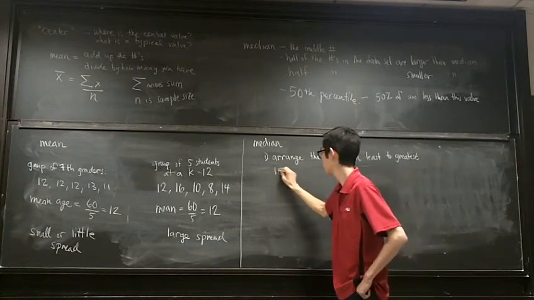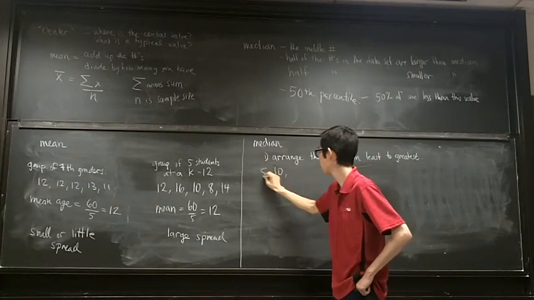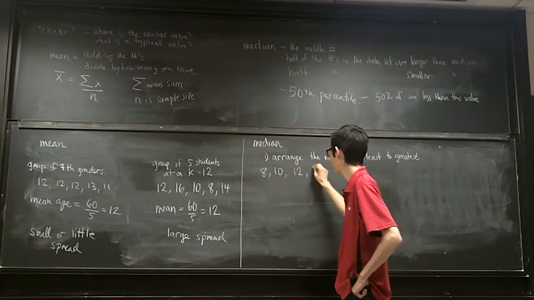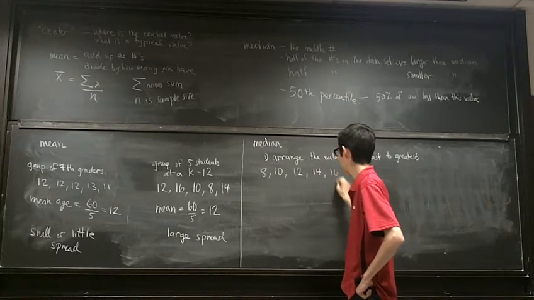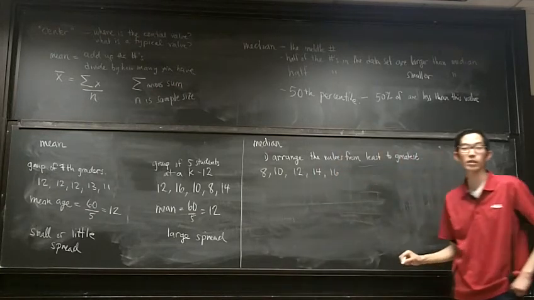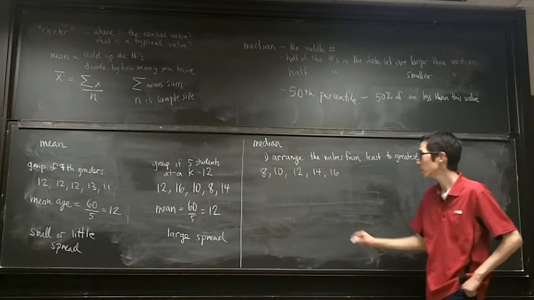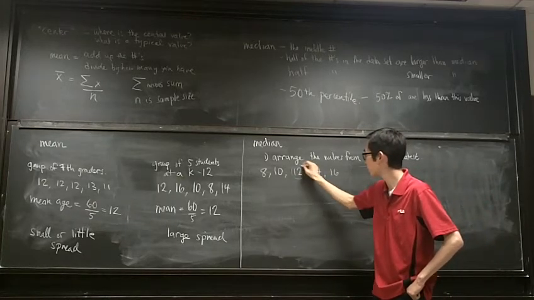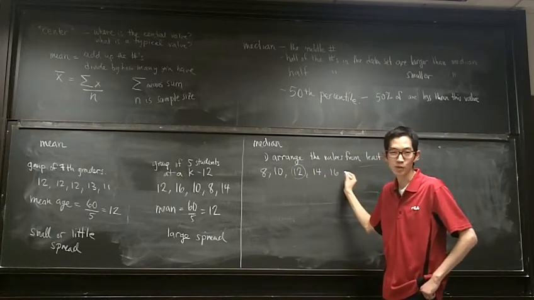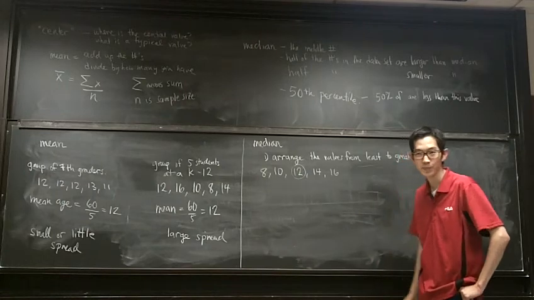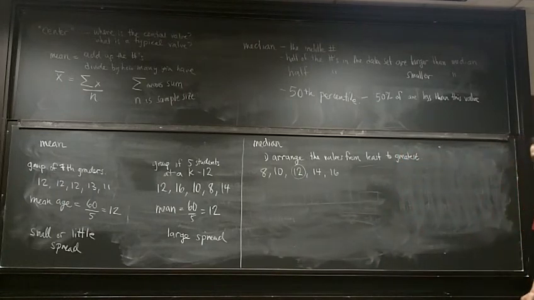So we would do 8, 10, 12, 14, 16. When I lay the numbers out like this, it's very easy to see that this is the middle number, and half of the numbers are larger and half are smaller.